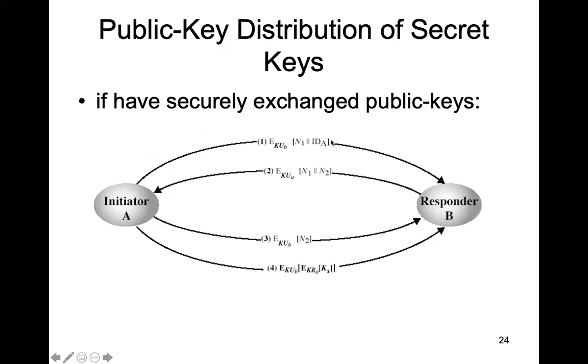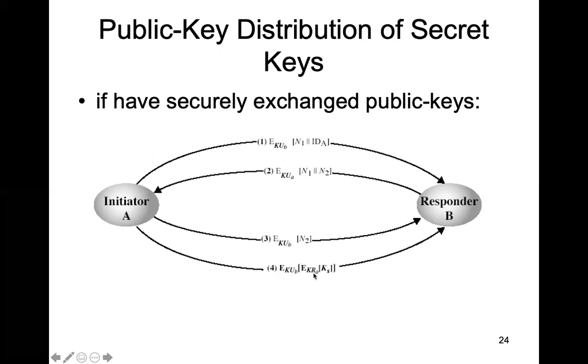So if you have keys of this sort, you can actually exchange the session keys if both Alice and Bob know each other's public key, because that is very easy. In the slide over here, I'm using a slightly different notation. KU is the public key.